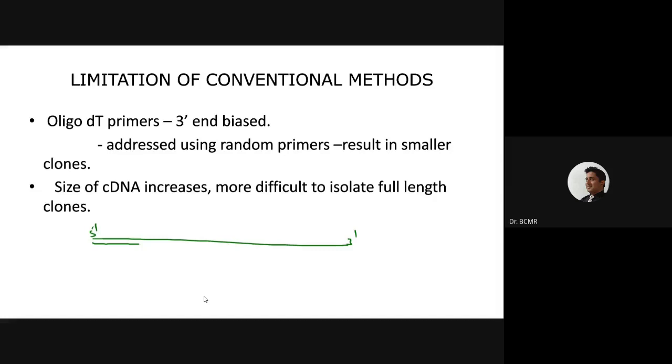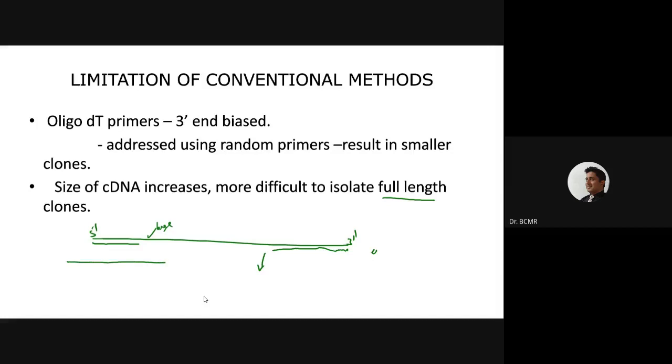The oligo dT primer is here, and reverse transcriptase is synthesizing. If the template is very large, the probability of reverse transcriptase falling off is high. That means you actually have incomplete or shortened fragments, incomplete cDNAs. That is one of the problems.